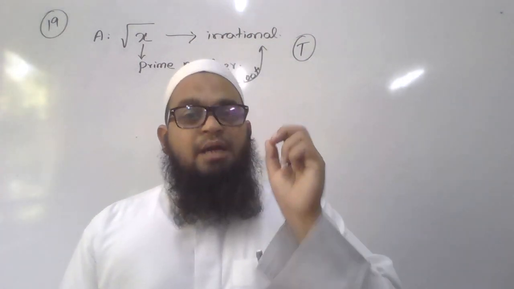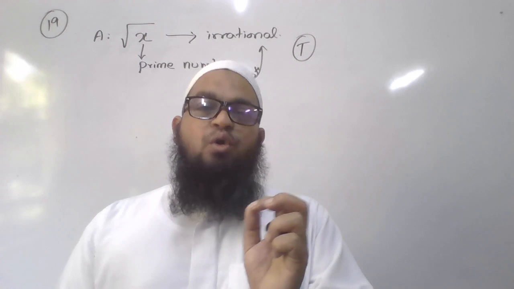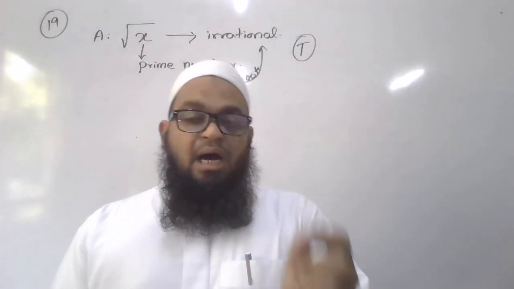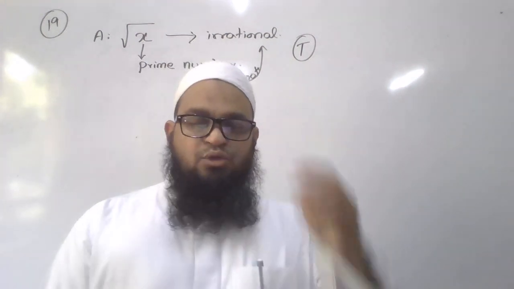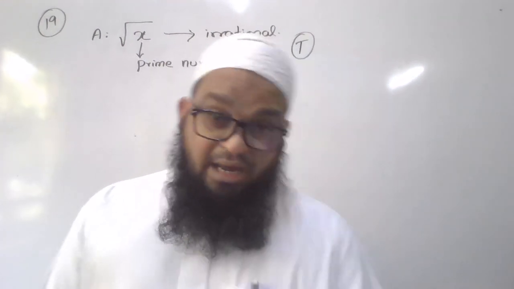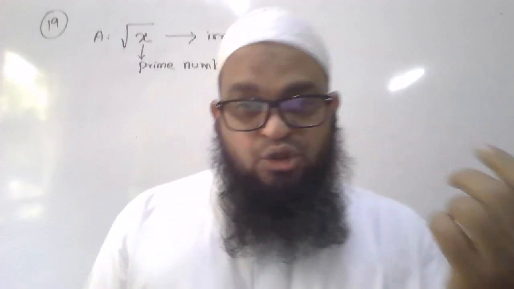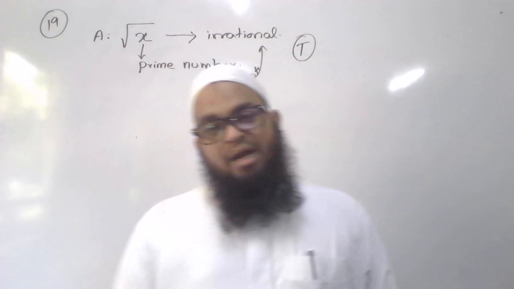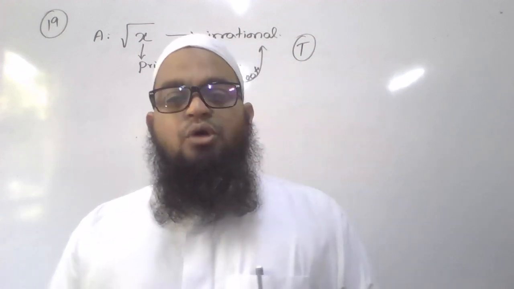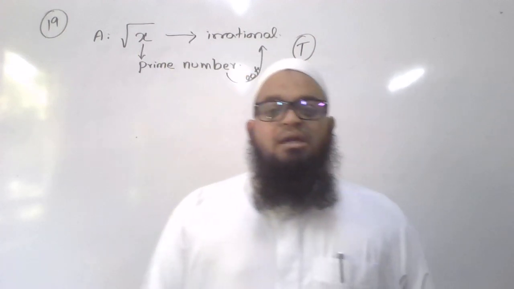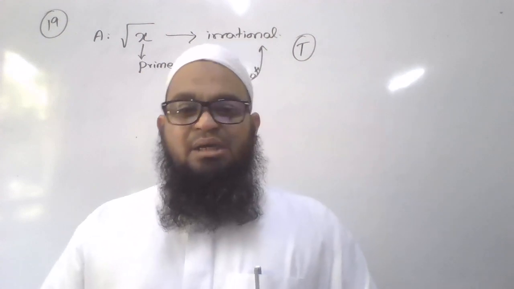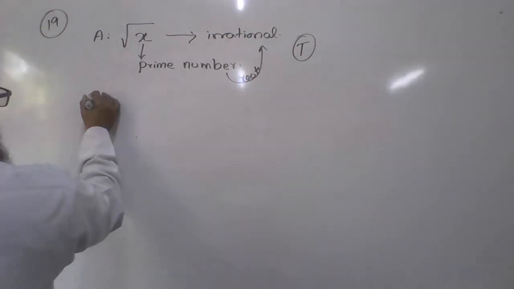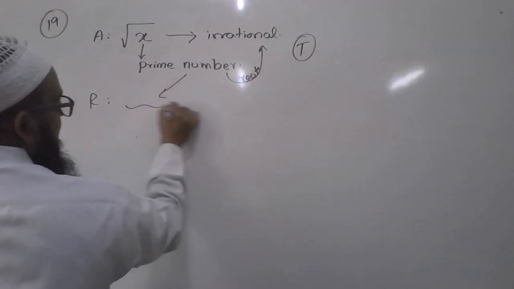The answer is that the square root of all numbers except perfect squares is irrational, whether it is the square root of 8 or 12, 14, 18, 21, and so on. Understood? So they are irrational numbers. The reason, the square root of any prime is an irrational number, also states the same statement.